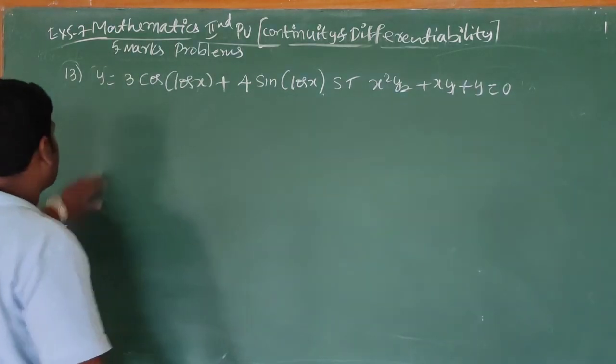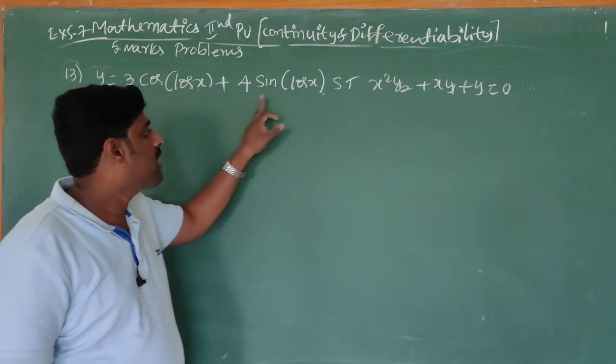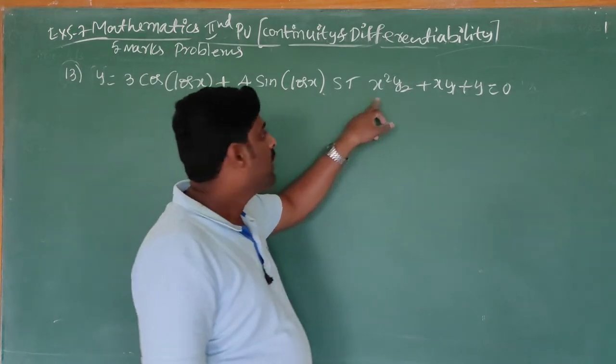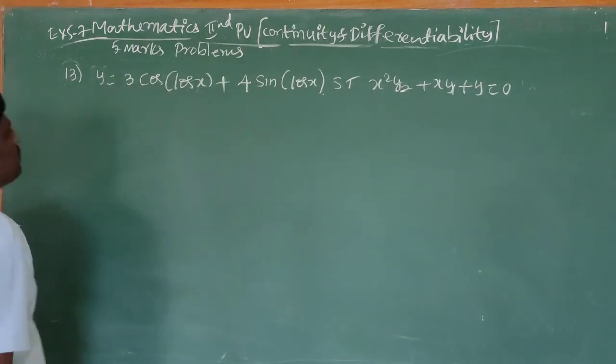Observe children, y is equal to 3 cos of log x plus 4 sin of log x. Show that x square y2 plus xy1 plus y is equal to 0.